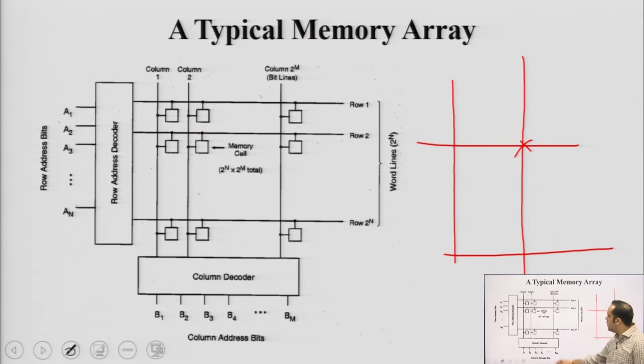So, if you have here say n address bits, an n bit address, you can have 2 to the power n address locations in the row.